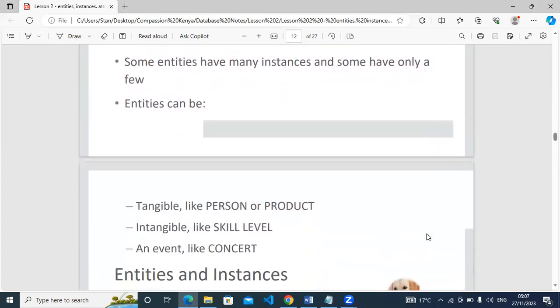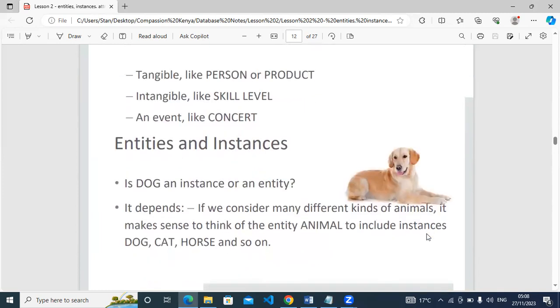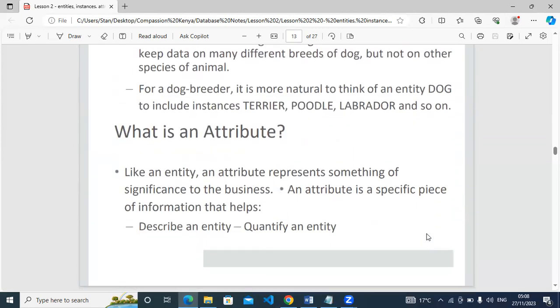Entities can be tangible, things like a person or a product; they can be intangible, things like skill level; and they can also be events or constants. For example, we can have dog as an entity, and we have instances of different types of dogs.